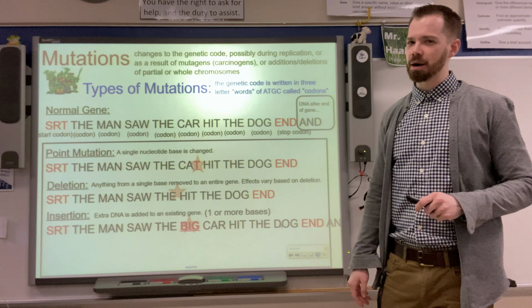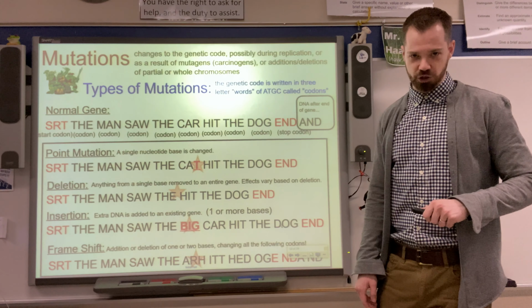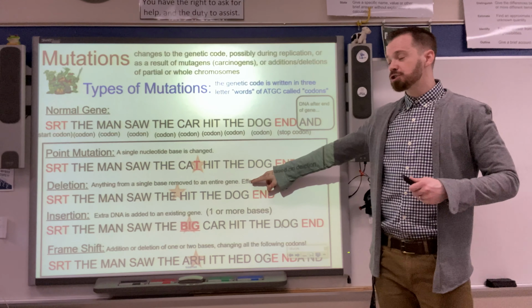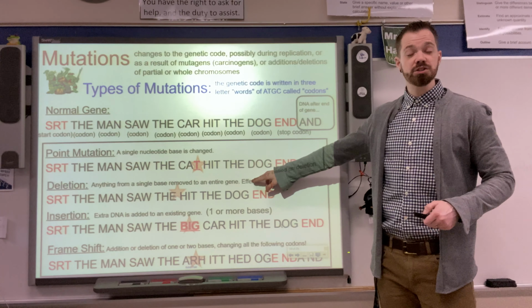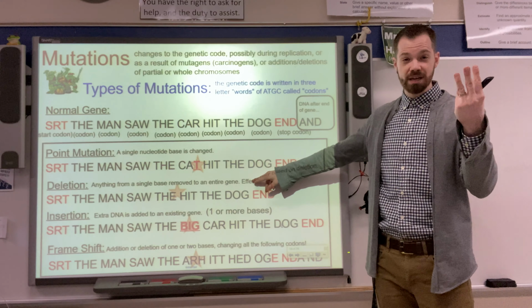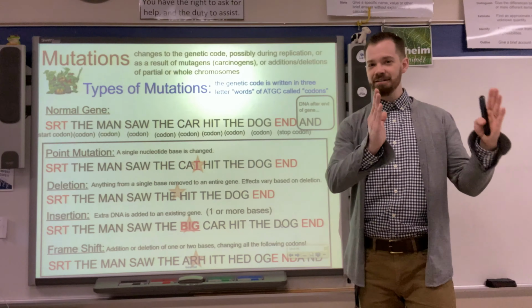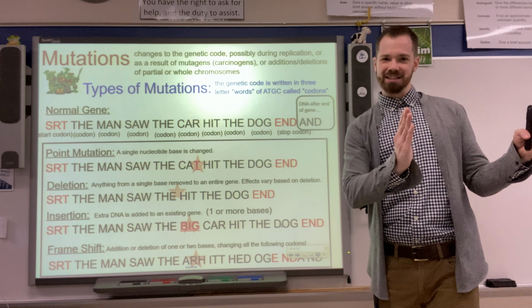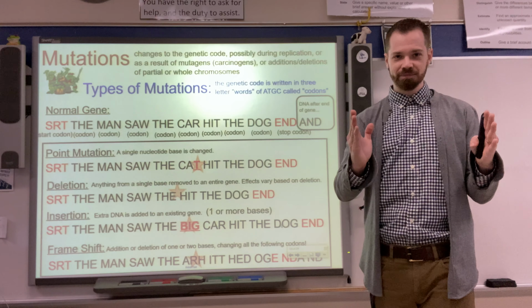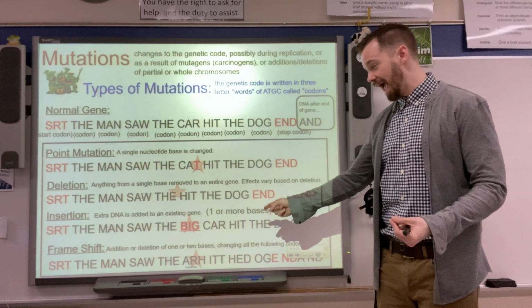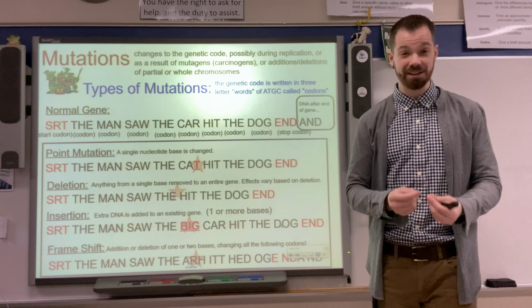But the real one that I wanted to get to is the frame shift mutation. Now the frame shift mutation is a version of a deletion, but what you've done is you've removed not 3 or a multiple of 3 bases. And what that means is that every letter of the genetic code is going to slide over a spot. And what that means is that every single codon after the deletion is different.